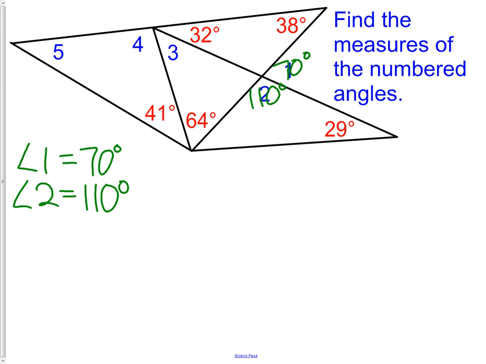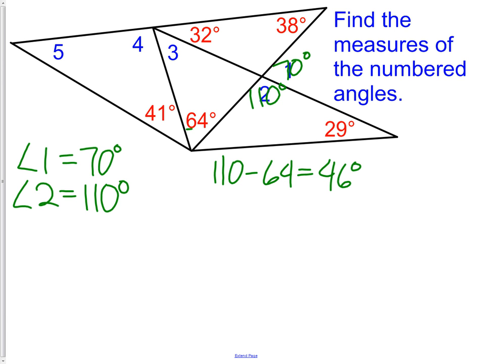Now I'm going to use that 110 degrees to find angle 3. Angle 2, which measures 110 degrees, is right here. Angle 64 and angle 3 would be the remote interior angles, so angle 3 measures 110 minus 64, which would give us 46.